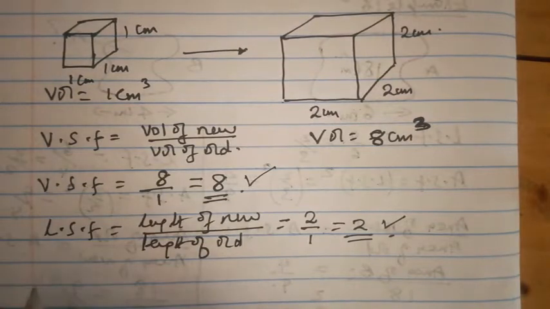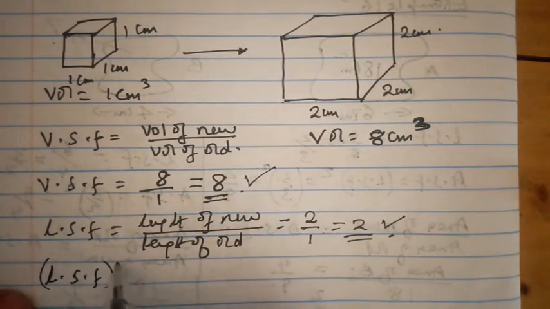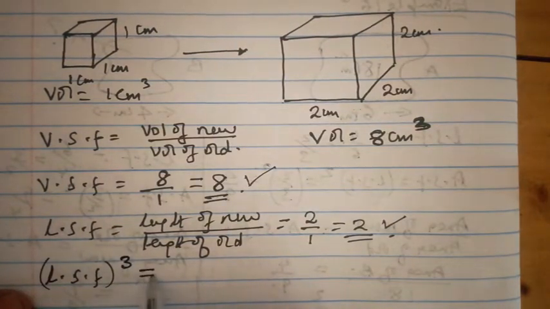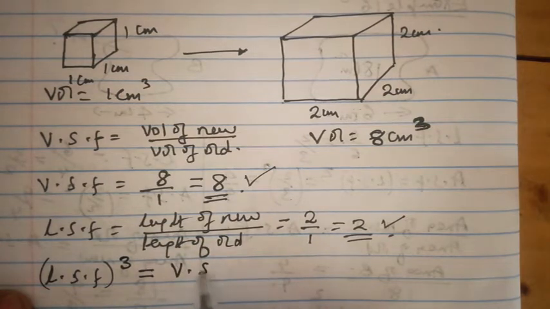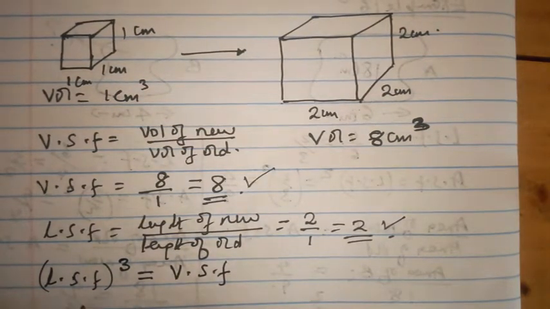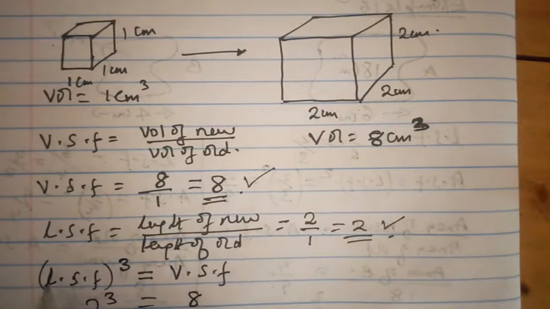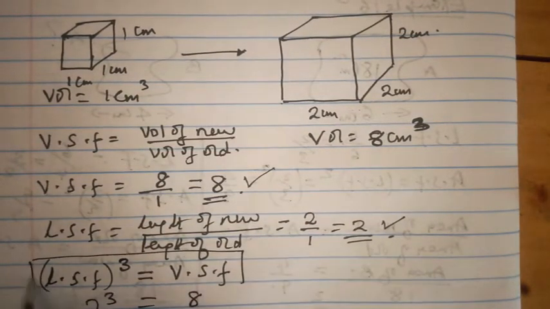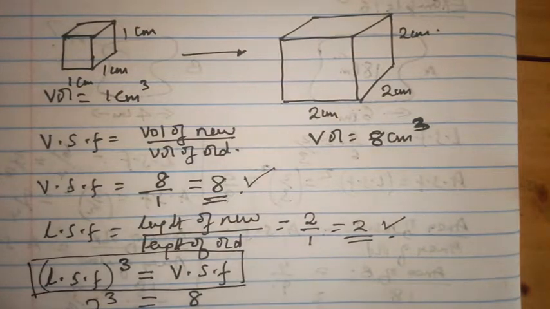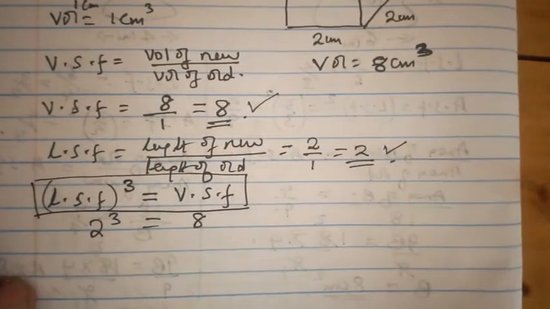Very well, it's very clear that the linear scale factor cubed is going to give us the volume scale factor. Just like you can see 2 cubed is going to give us 8. So this one is a very important piece of information. So what are we saying?